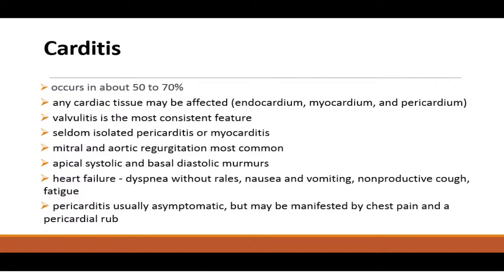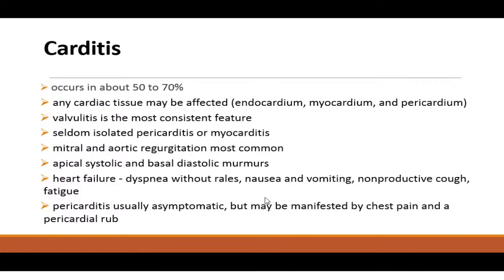Carditis. It's maybe rarer but a more aggressive manifestation of rheumatic fever. It occurs in about 50 to 70% of patients with rheumatic fever. Any part of the heart can be affected, so it can be pancarditis. The endocardium, myocardium, and pericardium can all be affected in rheumatic fever.